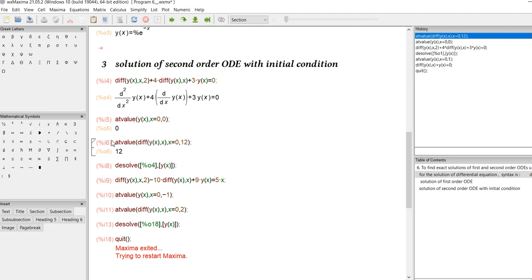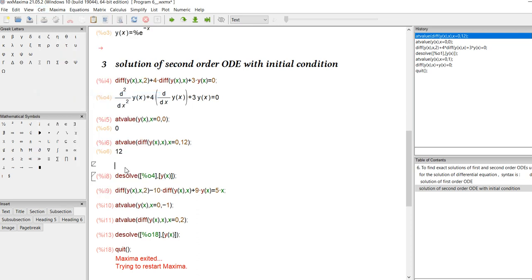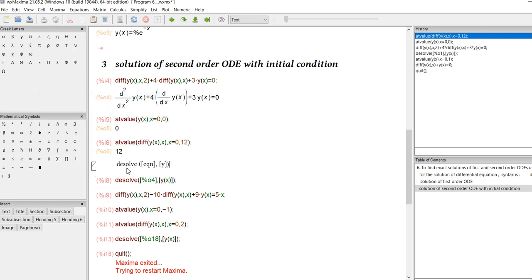Remember this thing. So you should remember this one: desolve, this inbuilt function, simple bracket and then close bracket.